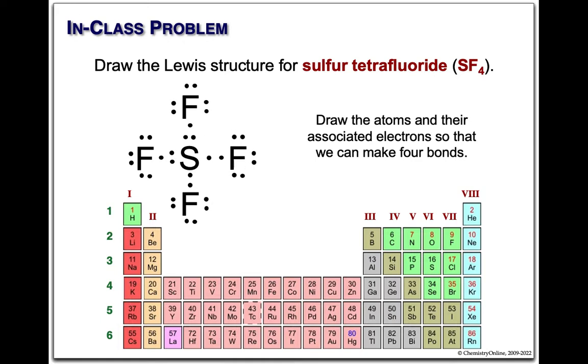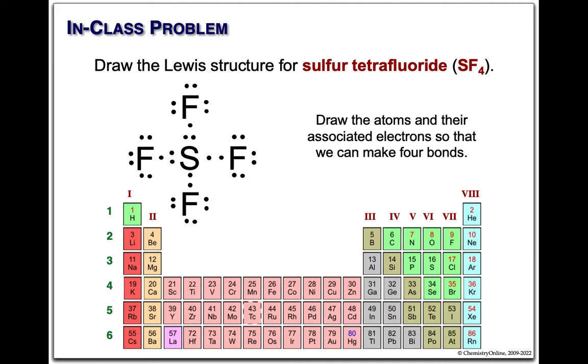Right away we see, okay, we had 2 unshared electrons here. We could pair those up with fluorine, no problem, right? But between the sulfur and fluorines up here, these have 3 electrons. Covalent bonds can only hold 2.